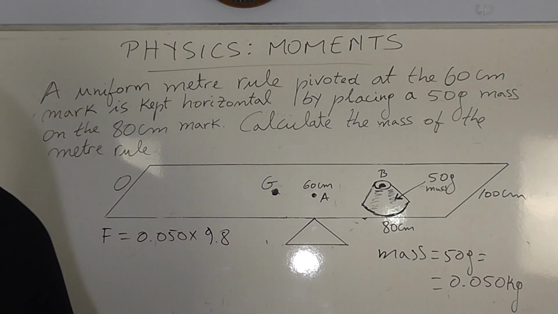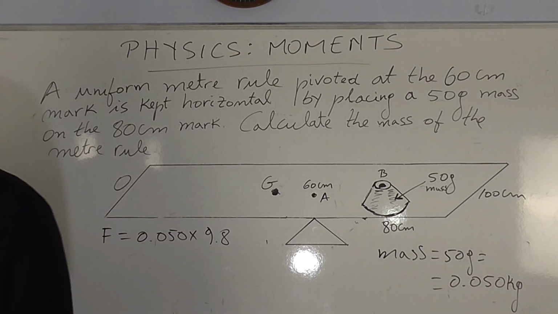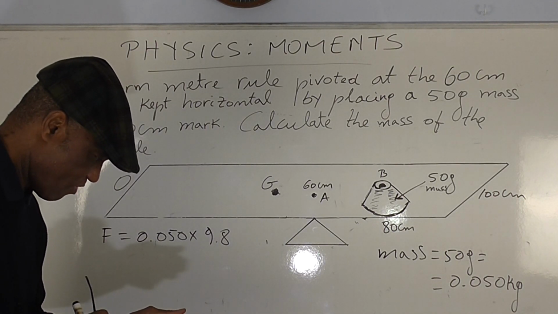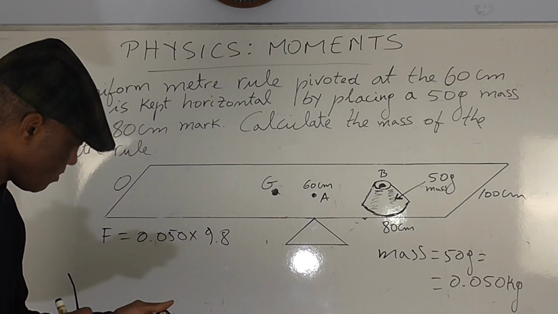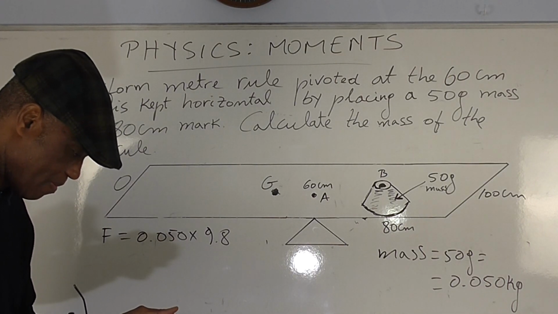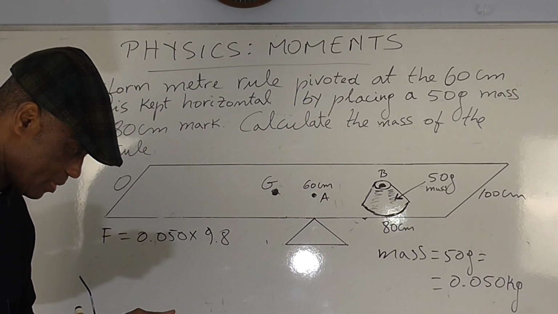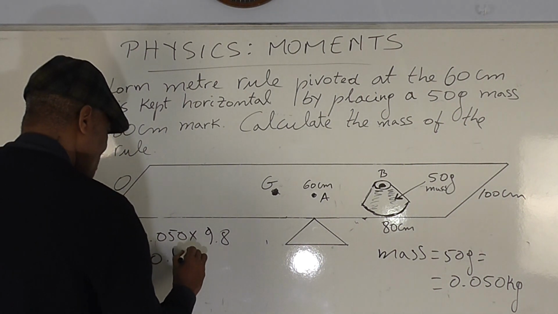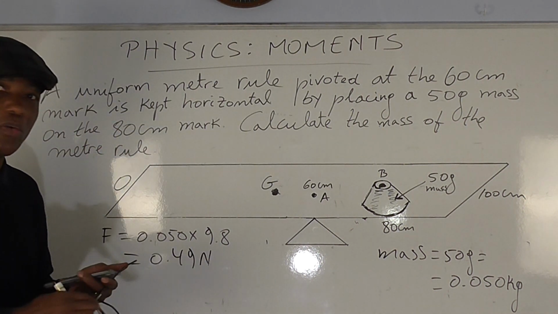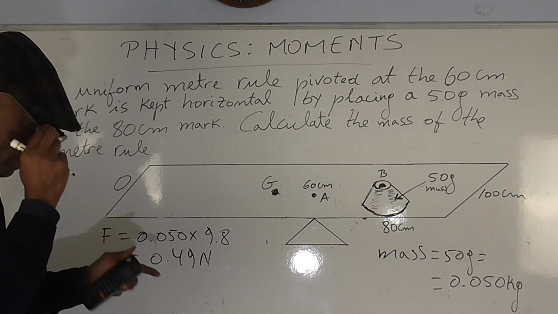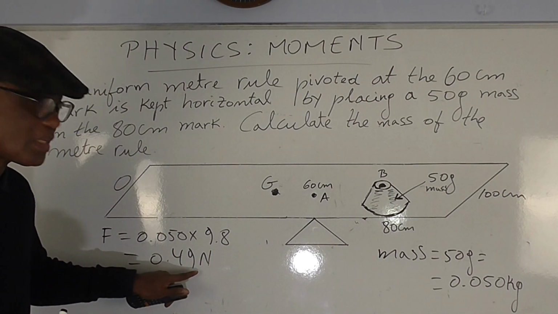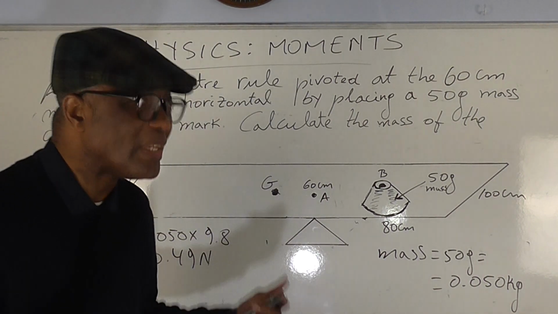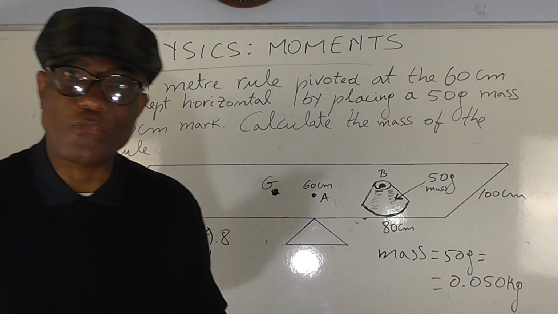Now I take my calculator: 0.050 multiplied by 9.8 gives 0.49 Newton. So this is the force, or the weight, because the weight is a force.